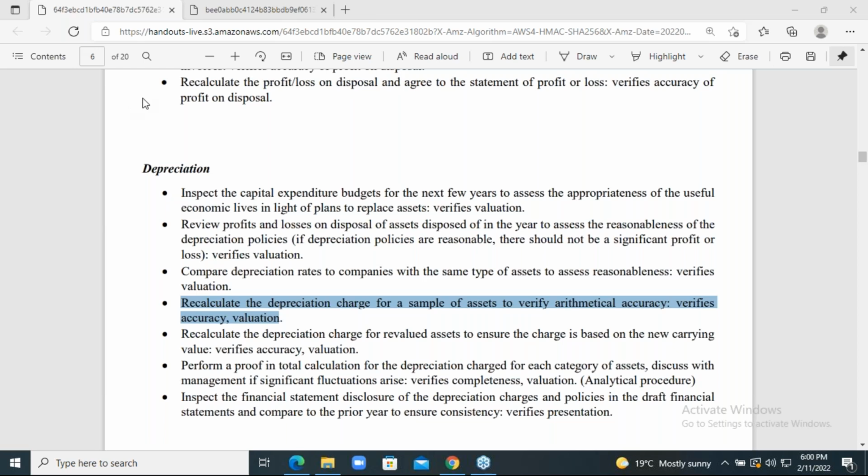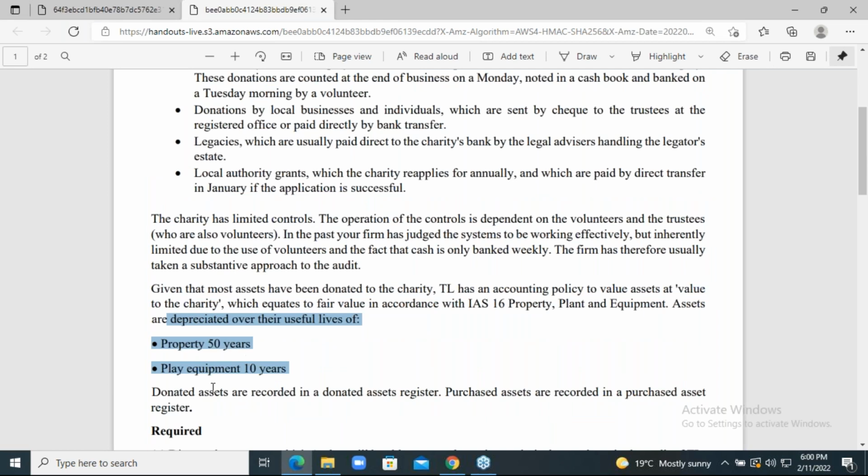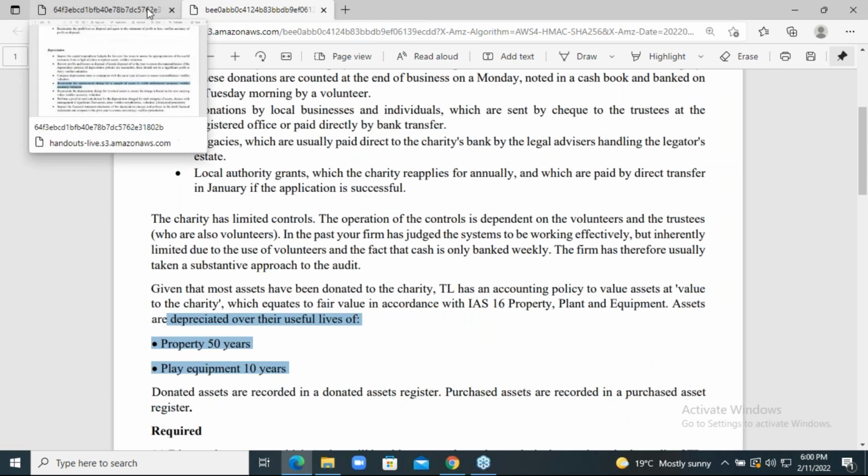I am repeating my question. This is the generic procedure and this is the data. Okay.